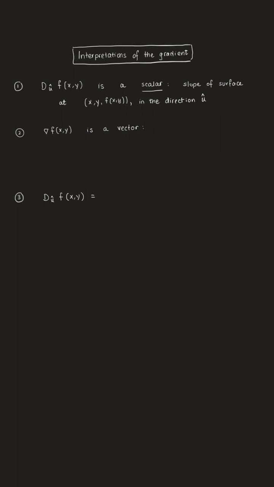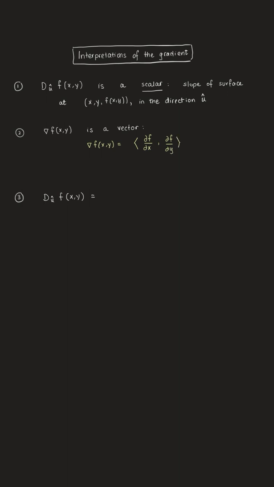The gradient is a vector. Recall that the gradient of f of x, y has two components. It is a vector function. The first component is the partial derivative with respect to x. The second component is the partial derivative with respect to y.